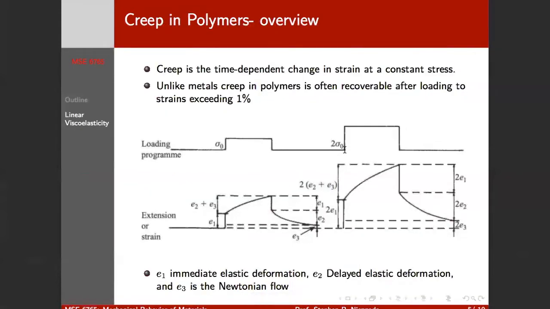Okay, so I forgot to make one important point. We're going to generally use the term creep. Creep, when we're talking about viscoelasticity, is a little different than when we talk about creep of a turbine blade at service temperatures. For this, we're going to consider creep to be the time-dependent change in strain given a constant stress.